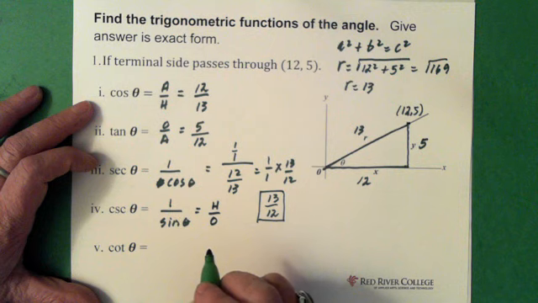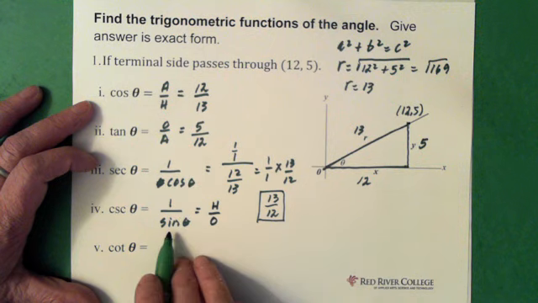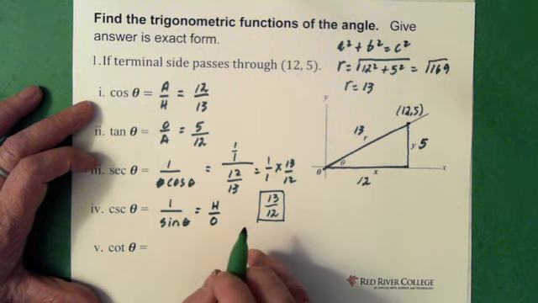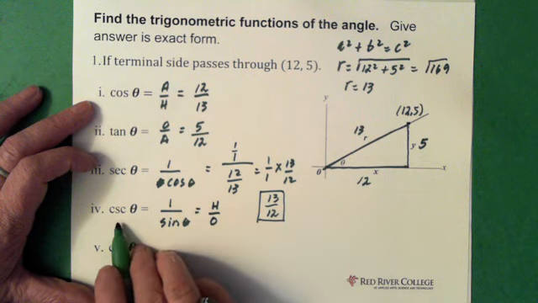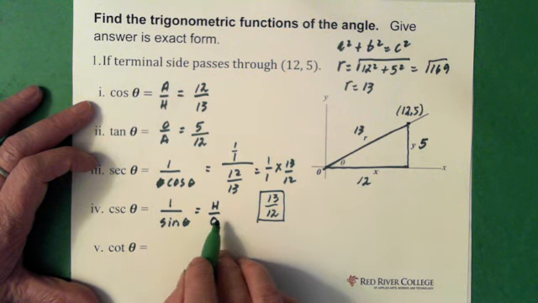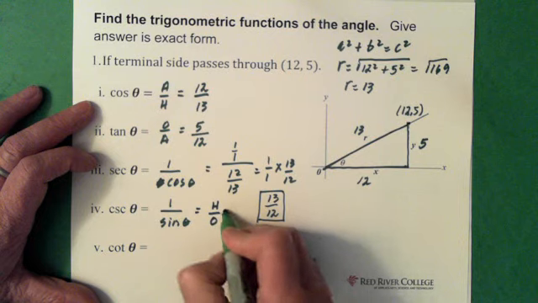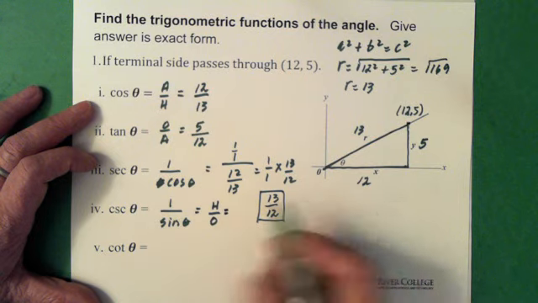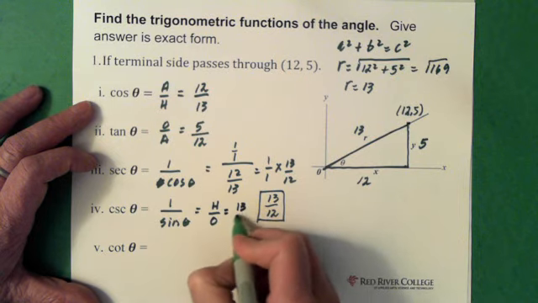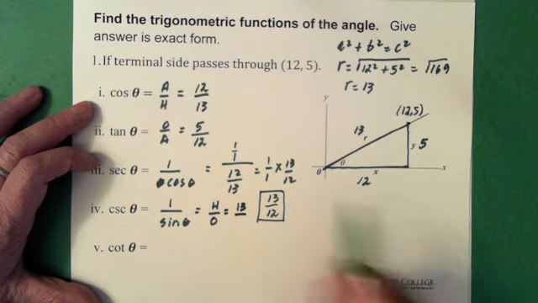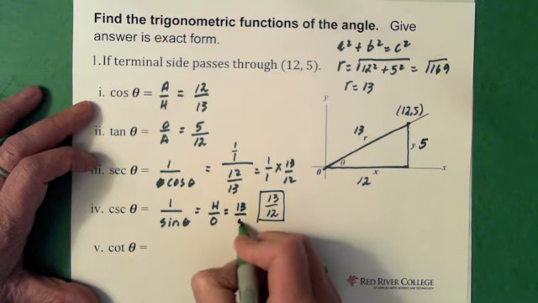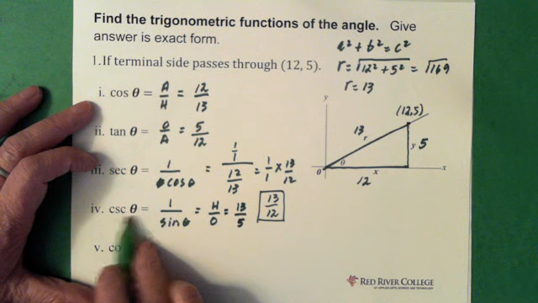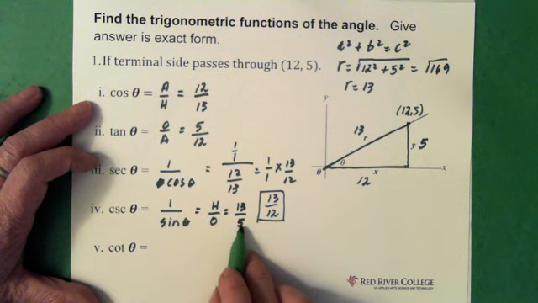Again, the sine is opposite over hypotenuse, so the cosecant has to be the inverse of that. The hypotenuse is 13, and the opposite is 5. So the cosecant of the angle is 13 over 5.